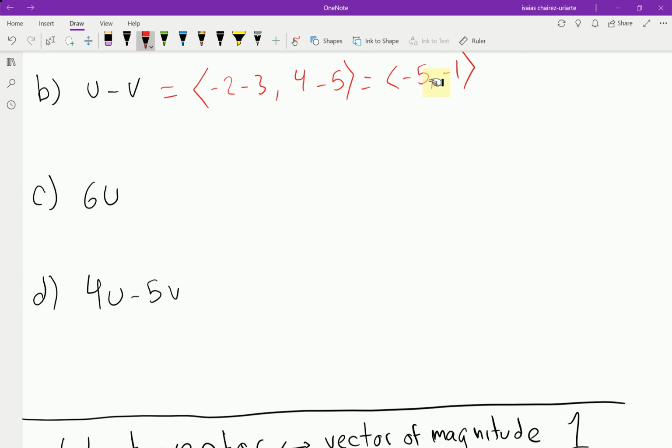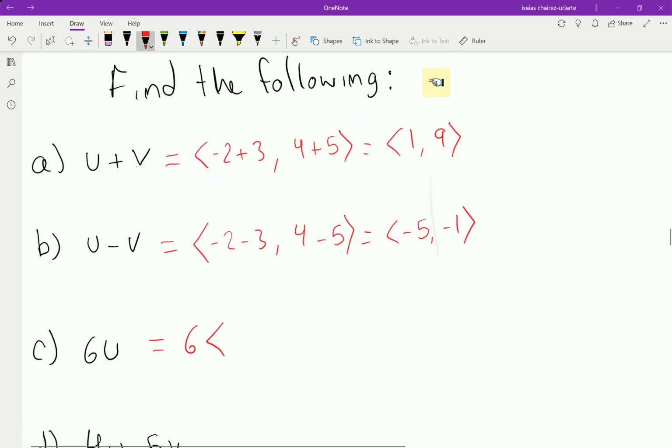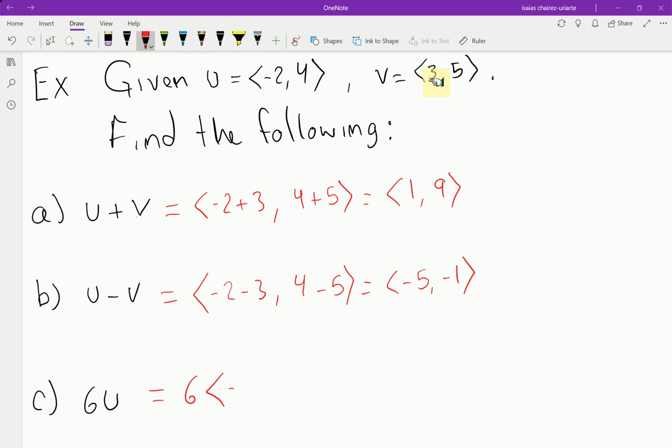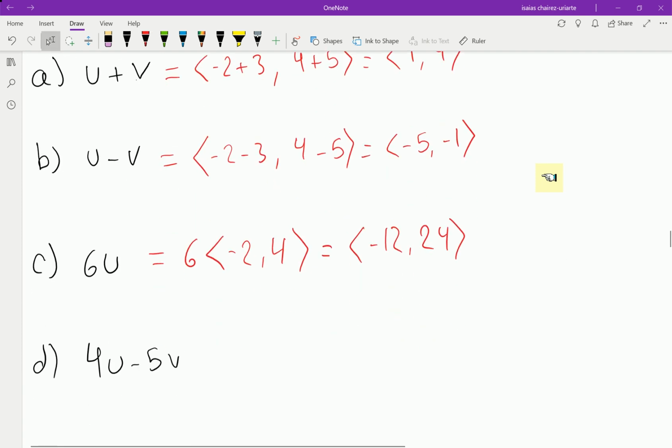Now 6u, that just means 6 times my vector u, negative 2, 4. So that's going to become negative 12, 24. It just got stretched. My vector just got lengthened.